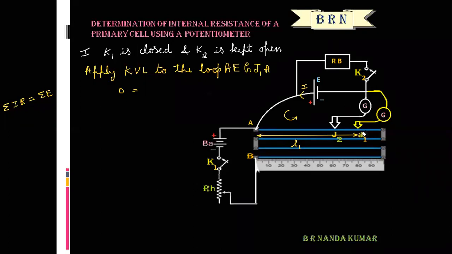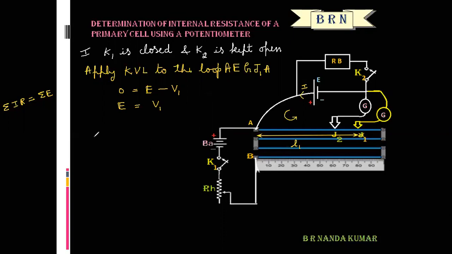This is the anti-clockwise EMF and this one is the clockwise EMF. So E is taken as positive and this one is taken as negative. The potential difference across AJ1 is minus V1. So E is equal to V1.